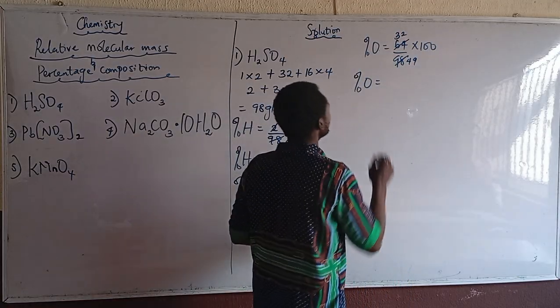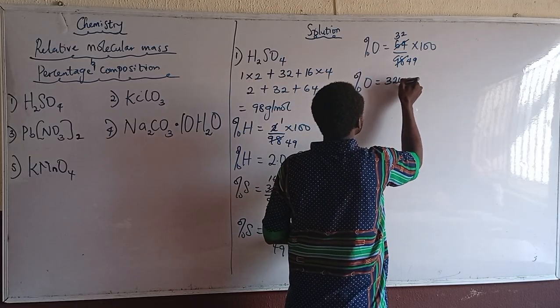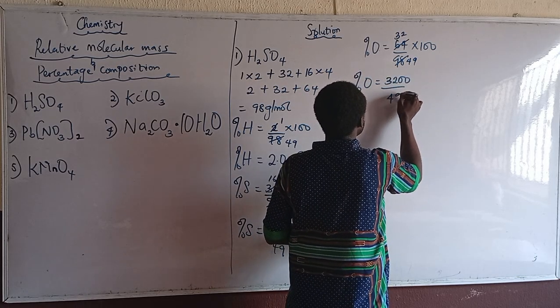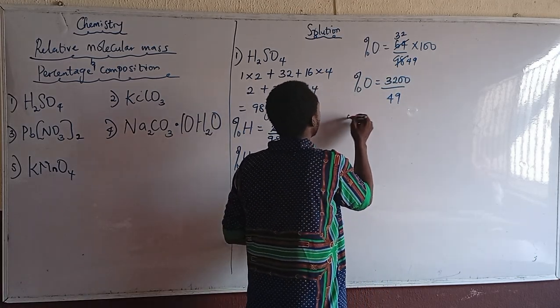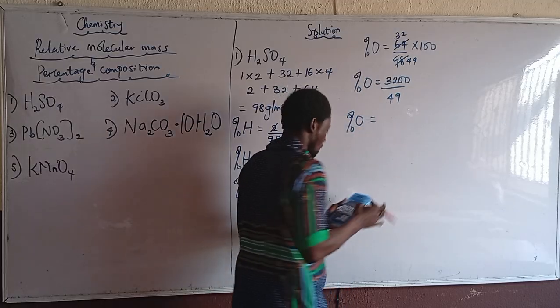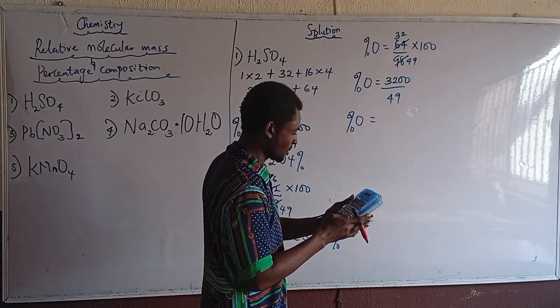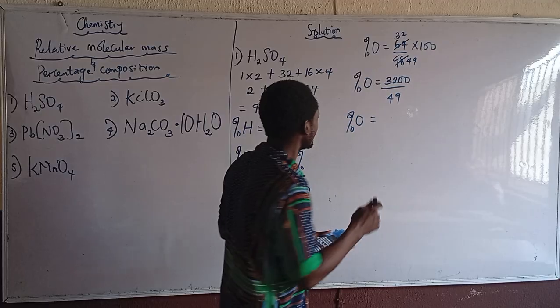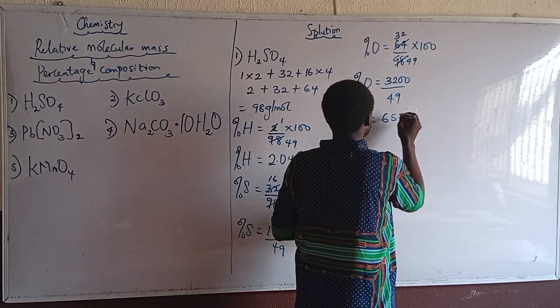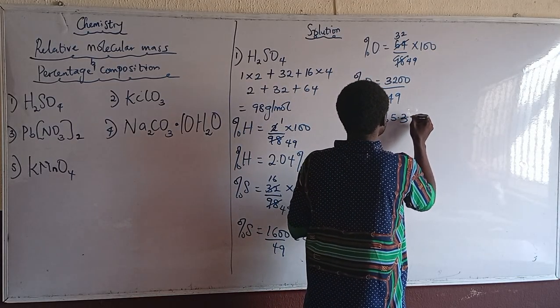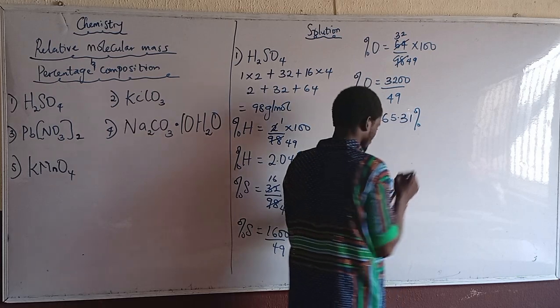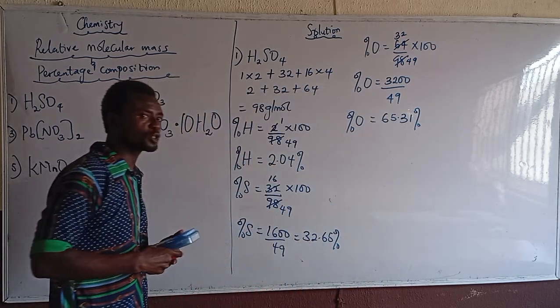So from here it becomes 3200 divided by 49. So the percentage composition of oxygen becomes 65.31%. So that is question 1.